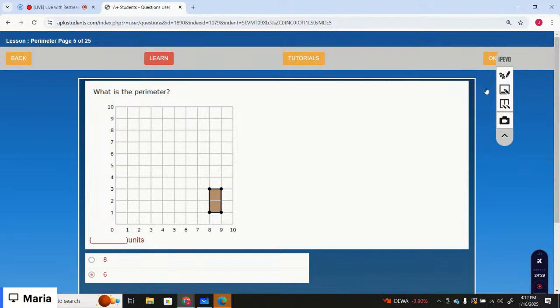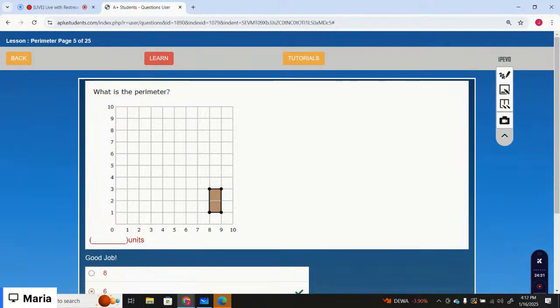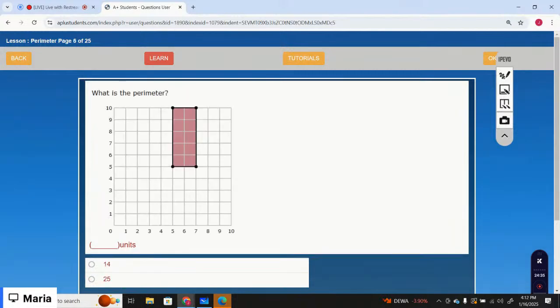That is 6. Option number 2 is the correct option. What is the perimeter, which is the correct option?